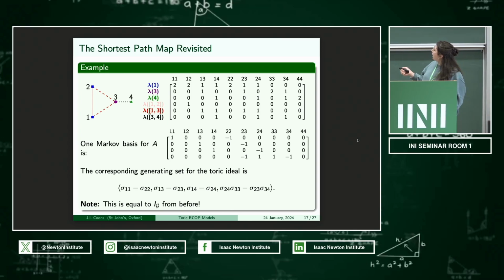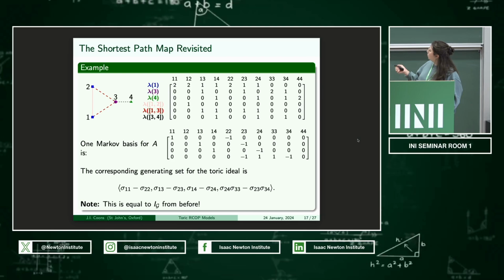For example, I have a 1 for sigma 1,1 and a negative 1 for sigma 2,2, and that corresponds exactly to the generating set of this toric ideal that I showed you before. So this one corresponds to sigma 1,1 minus sigma 2,2. Here I've got minuses for 2,3 and 3,4, and pluses for 2,4 and 3,3, and those are the either side of this binomial.